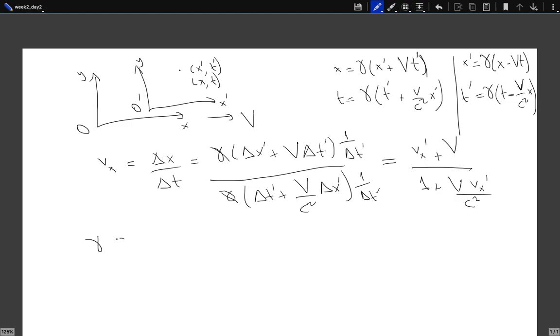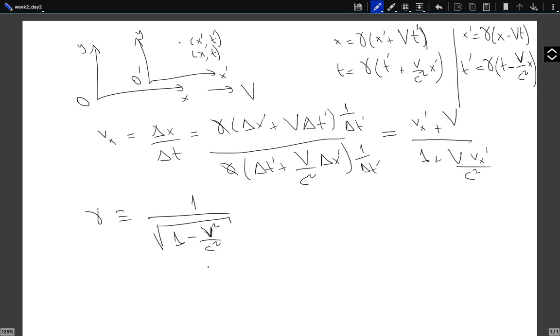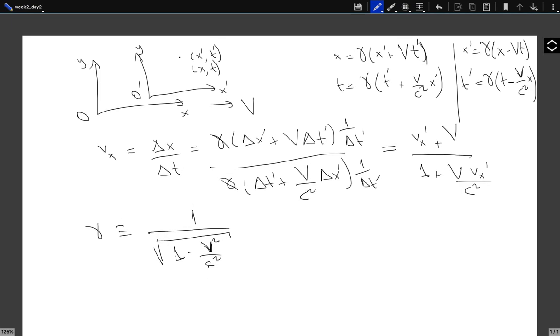And this gamma factor, we will often be using it. That is just 1 over square root of 1 minus v squared over c squared. Again, this v here is the velocity of the other reference frame. Now, any questions up to here?